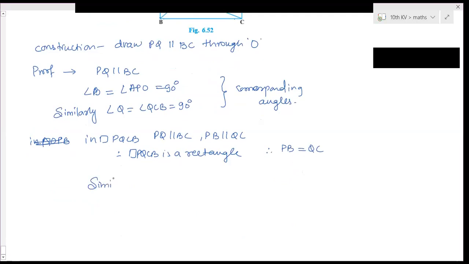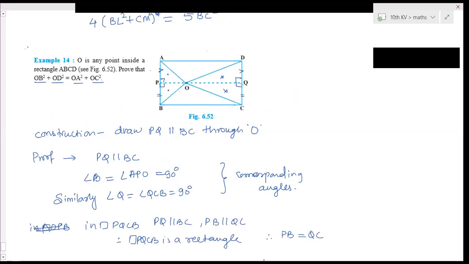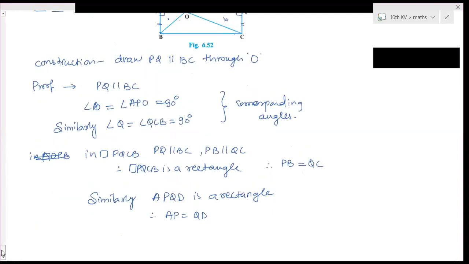Similarly, the upper one, APQD is a rectangle, and therefore AP is equal to QD. AP and DQ are equal to each other, and then use the right triangle. In triangle, I will copy that down.